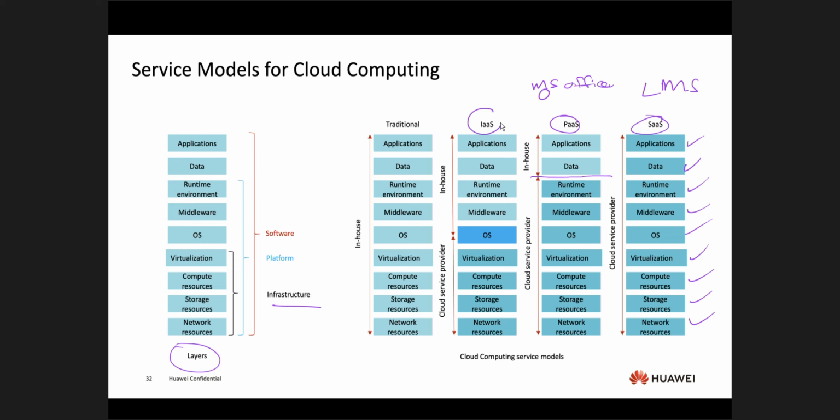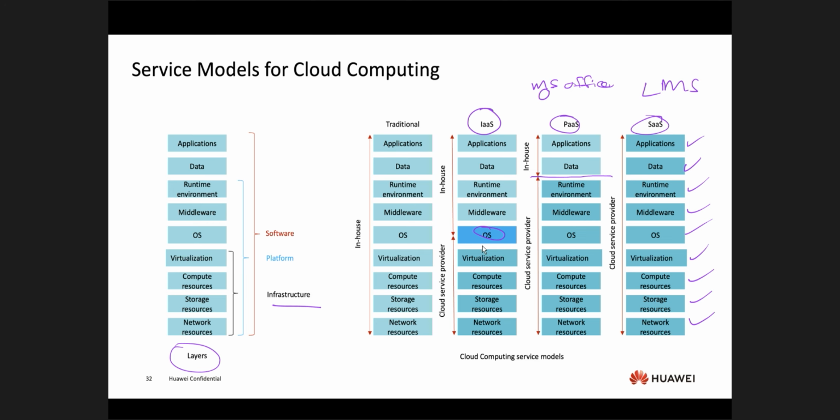When you look at infrastructure as a service, now you have this model where you want to use a particular operating system, and so you would be responsible for the OS, and the service provider, the cloud provider, would give you a slice. How many virtualization do you need? How many cores do you need? How many compute resources do you need? How much storage do you need?